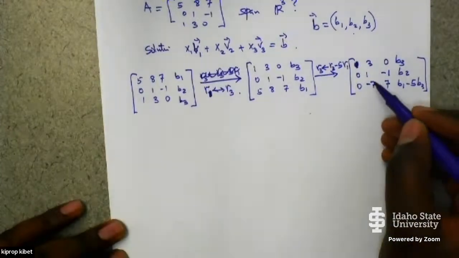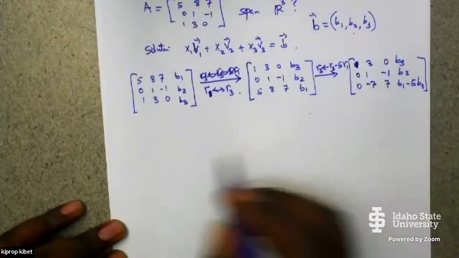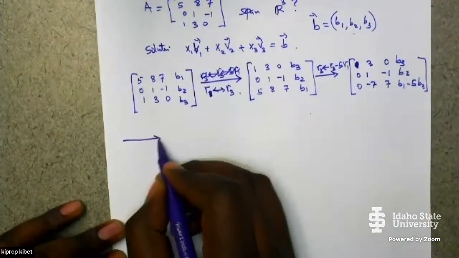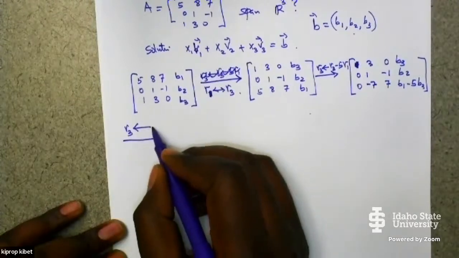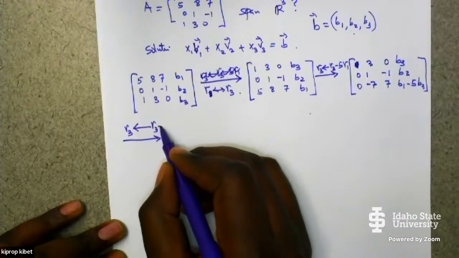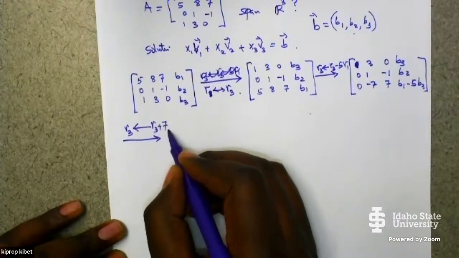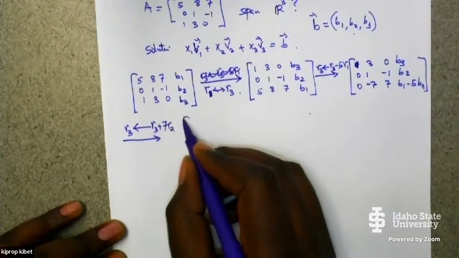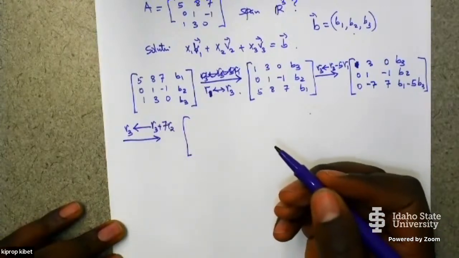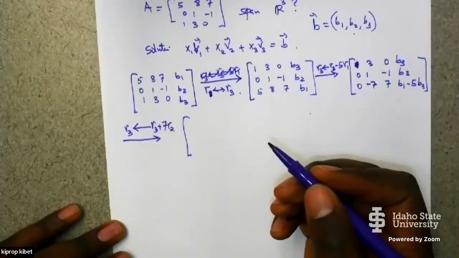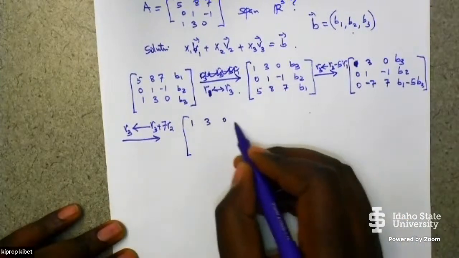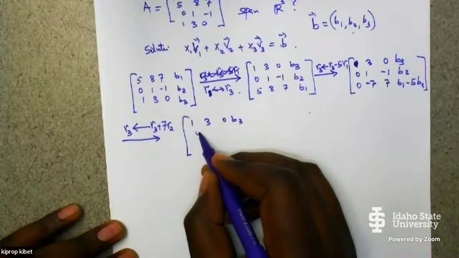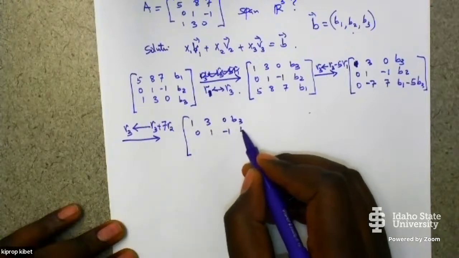Again, we want to reduce this. Our new R3 will now be R3 plus 7 R2. So what do you get? 1, 3, 0, B3, 0, 1, -1, B2.